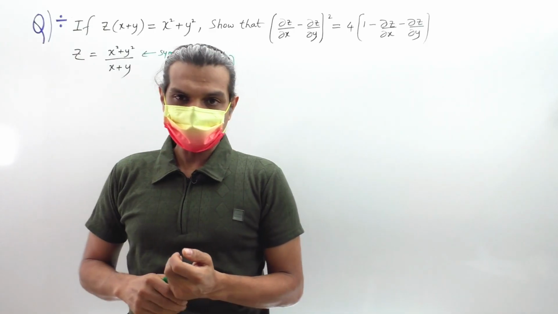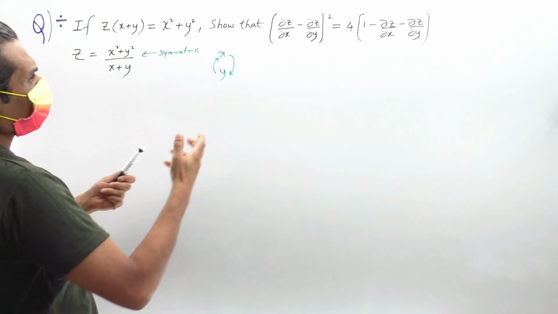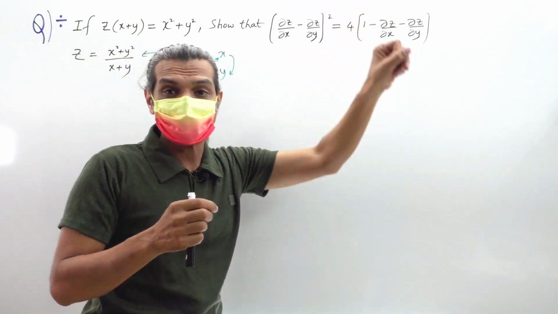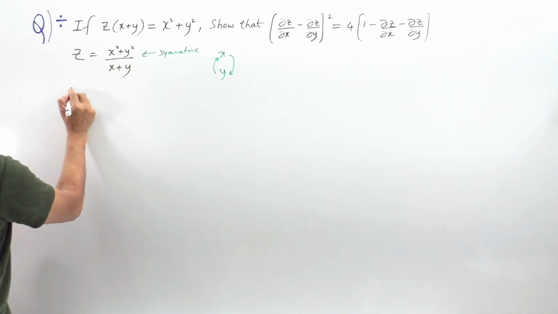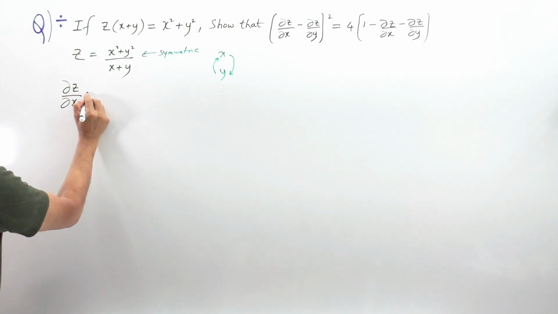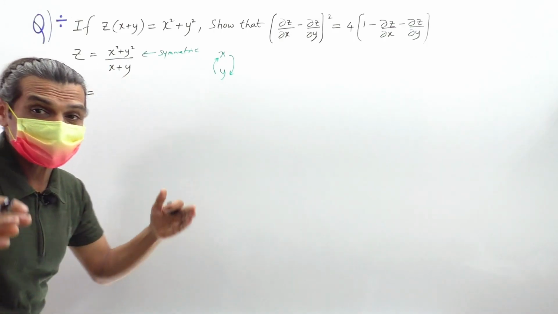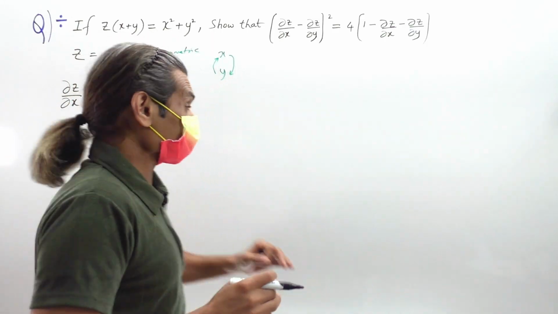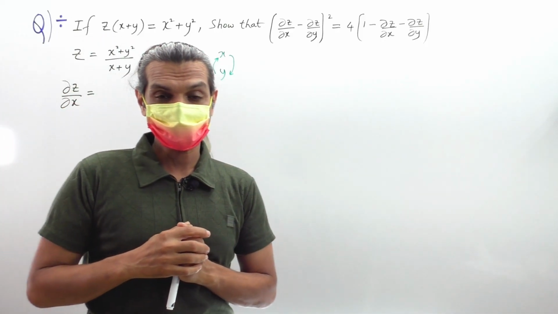Okay. So, as we have solved the previous problem, we will find first dou z by dou x. Let us find it now. Dou z by dou x of x square plus y square by x plus y. You are differentiating with respect to x. X is in the top, x is in the bottom. So, we need to follow the quotient rule.